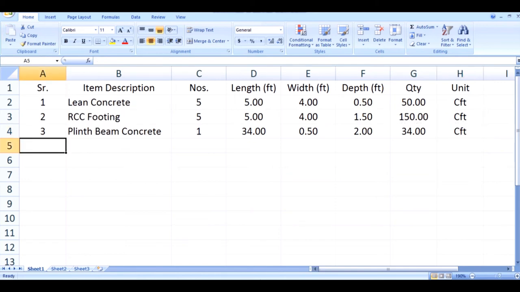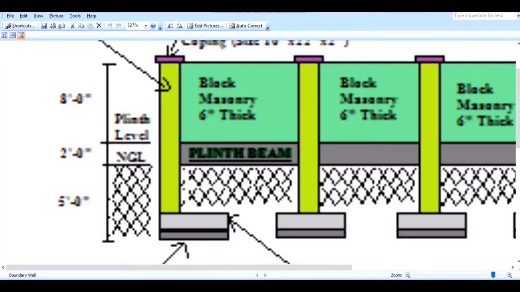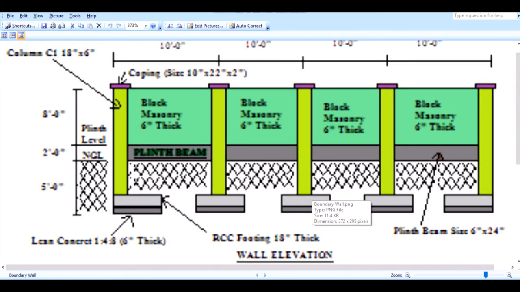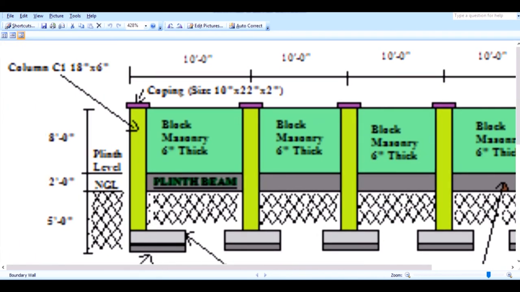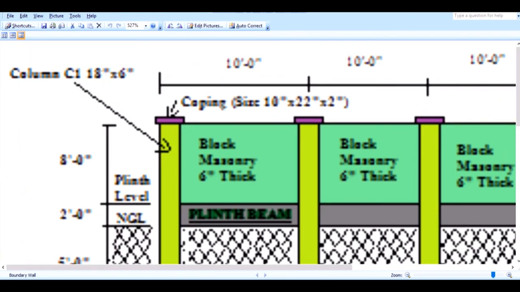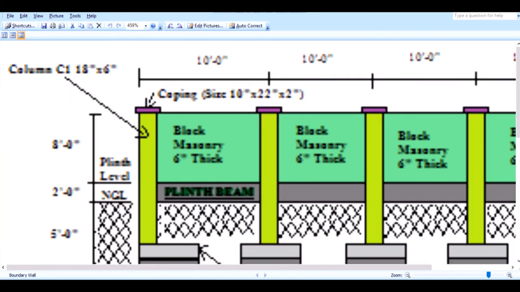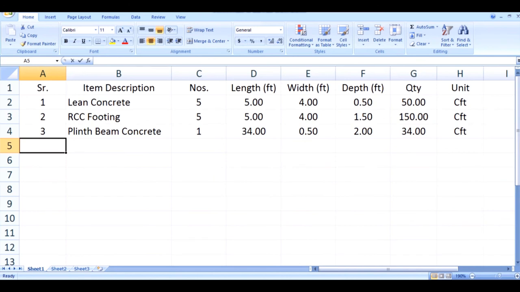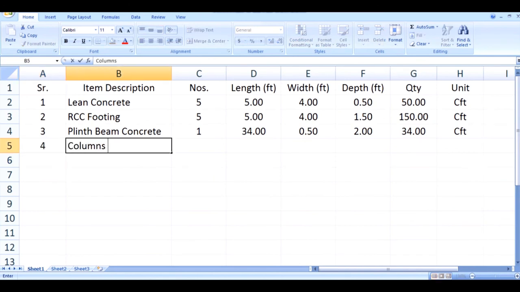Now the last element is column. Come back to the drawing. Here there are 5 columns and each column size is mentioned here, 18 inches by 6 inches. You can see on the left top the column size mentioned here is 18 inches by 6 inches, and there are 5 columns. So right here serial number 4, columns concrete.